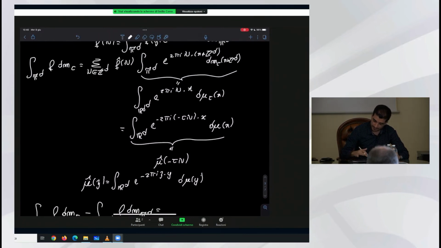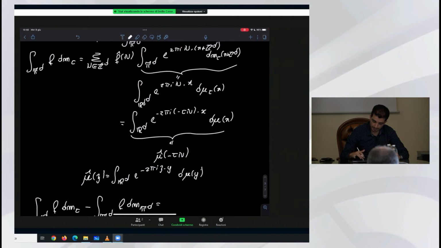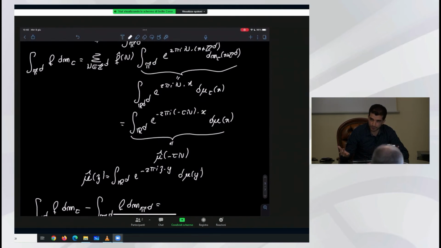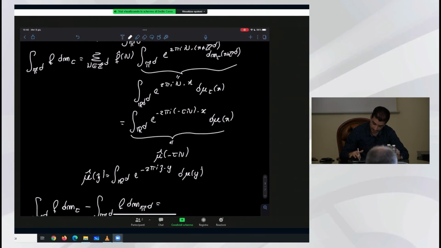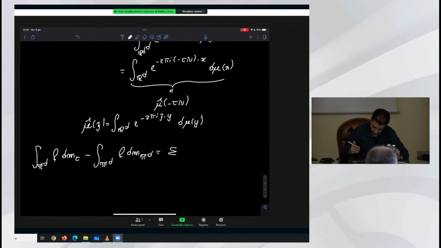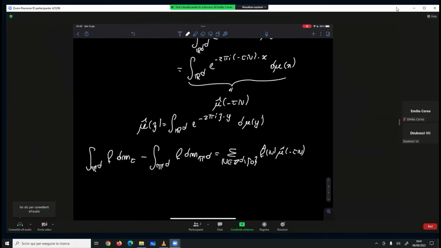Here I have this sum, but at 0 the Fourier coefficient is simply the integral with respect to the Haar measure, so I'm left with the sum over all non-zero integer vectors n of f hat of n times mu hat of minus t n. And so I've reduced my geometric distribution problem to a Fourier analytic problem of examining the behavior of the Fourier transform of the measure mu at infinity.